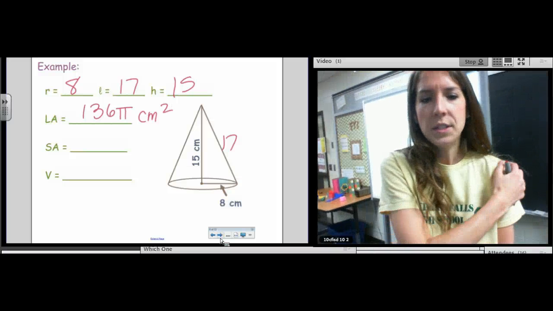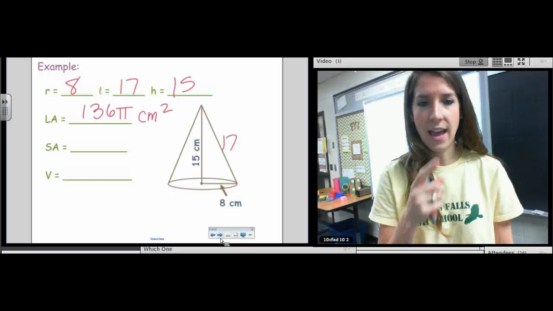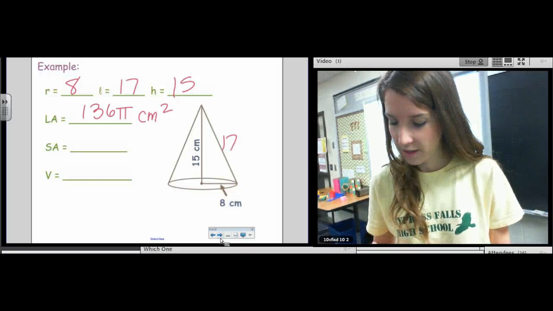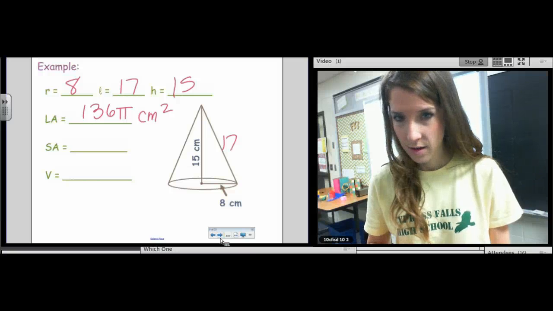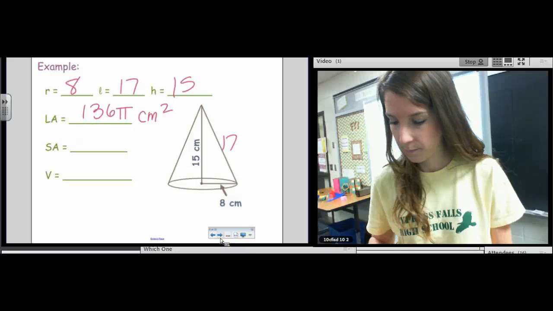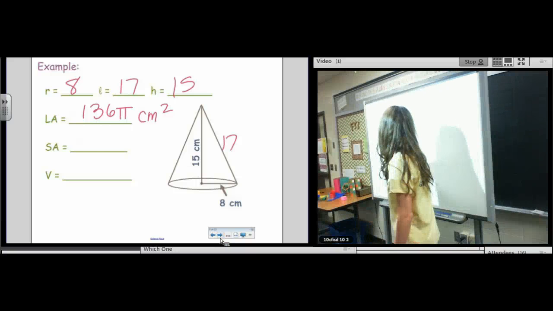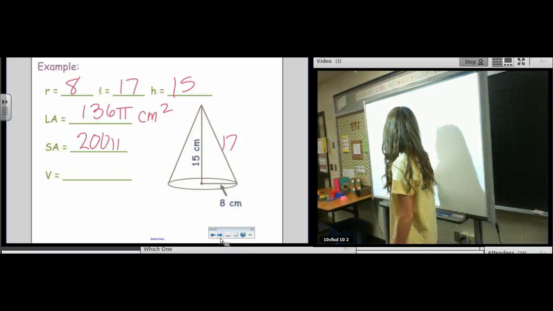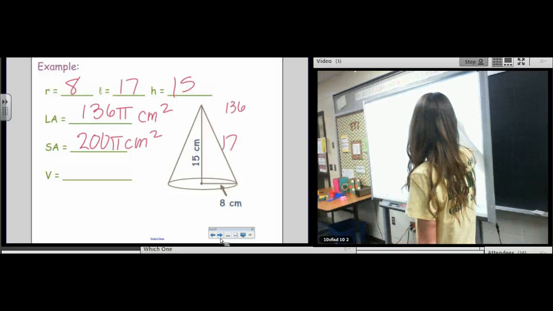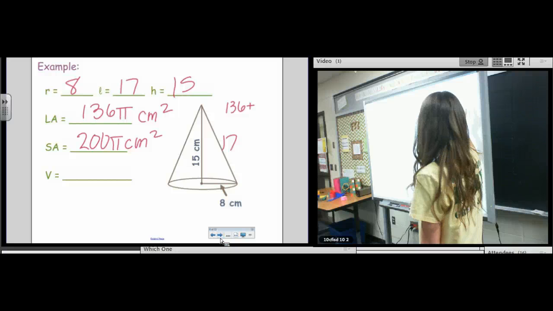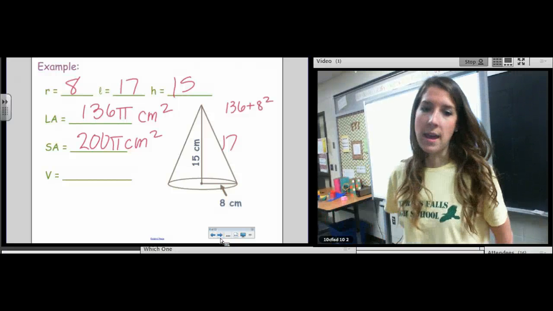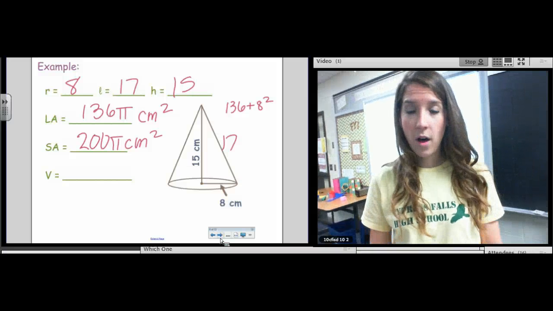All right. Surface area. What do you add to the LA to get the SA? 136 plus pi r squared. So 64. Ooh, that's pretty. So we did 136 plus pi, I'm leaving it out, r squared. Pi r squared is the base. Cool. And volume.